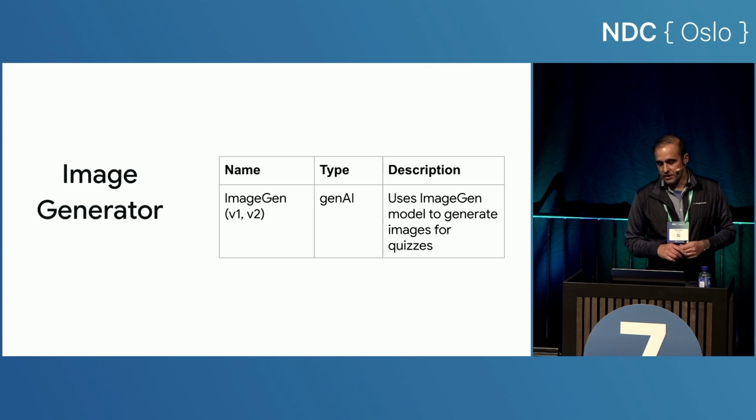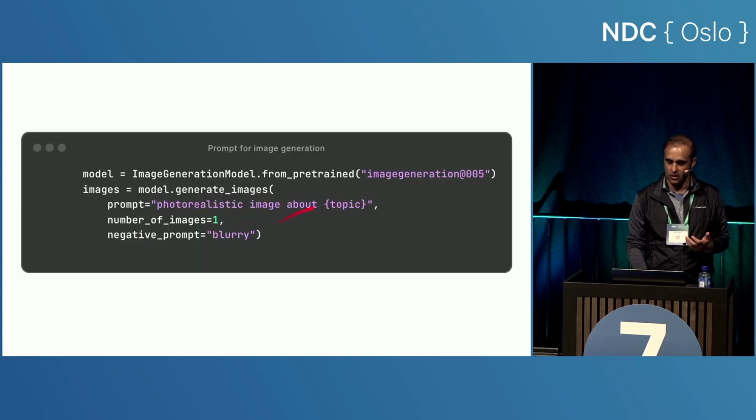For image generation, we started with Imagen version 1, and then we switched to version 2 when it came out. Version 2 is basically the better version of version 1. And to use that, again, it's a single call. You define the model that you want to use, so this is the version 2 model.